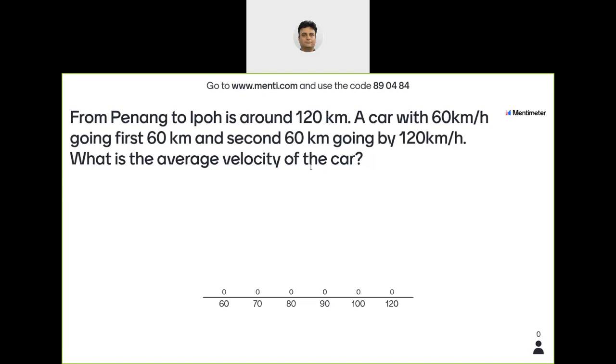So half the distance goes at 60 kilometers per hour, the other half at 120. What is the mean between 60 and 120? One person mentioned 60, 390.